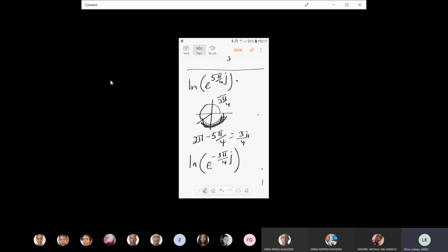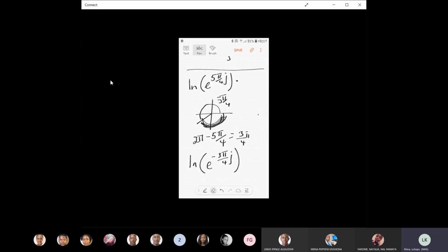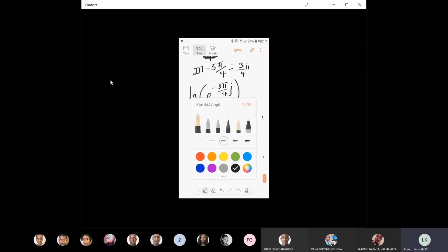Okay, and if you were to draw this or sketch it, you will see that minus 3 pi over 4 is at the same position as 5 pi over 4. So I've just rewritten it with its principal argument.